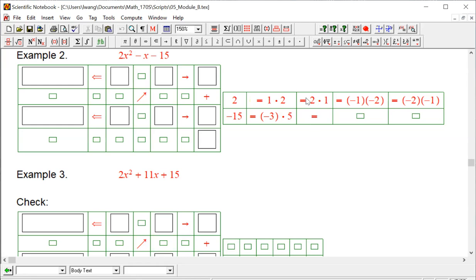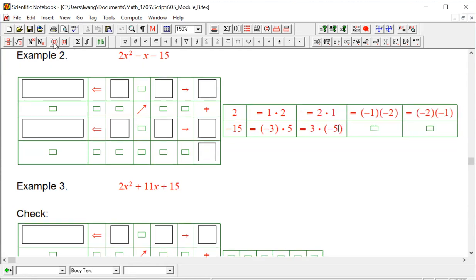It equals 3 times negative 5, or negative 5 times 3. It also could equal negative 1 times 15, or 15 times negative 1. So there are more options, and we're going to start trying.